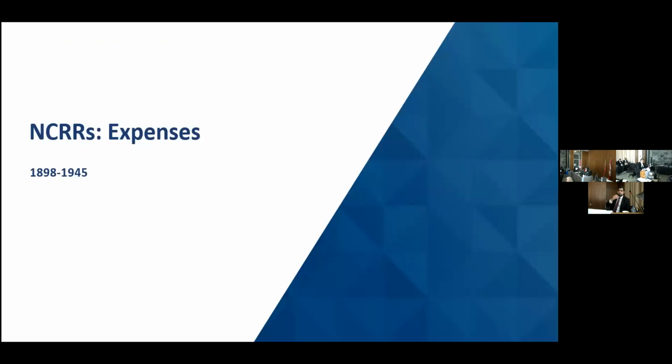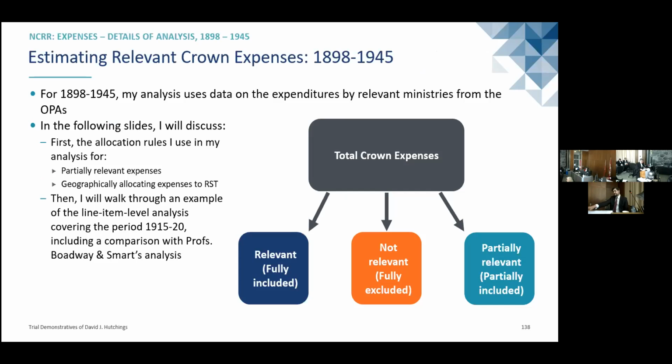Did you want to turn now to 1898 to 1945, which is the second big time tranche? Sure. So after 1898, or starting in 1898, we have a similar data availability issue as we had with revenue after 1898, which is nothing specific to RST.